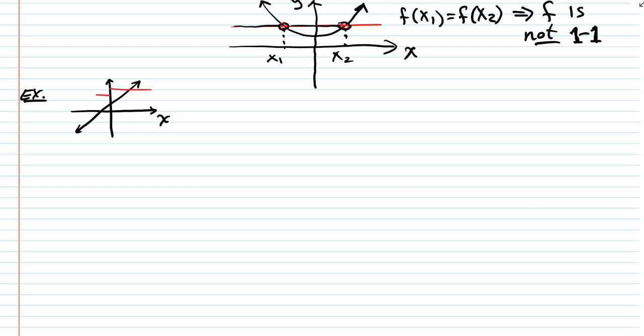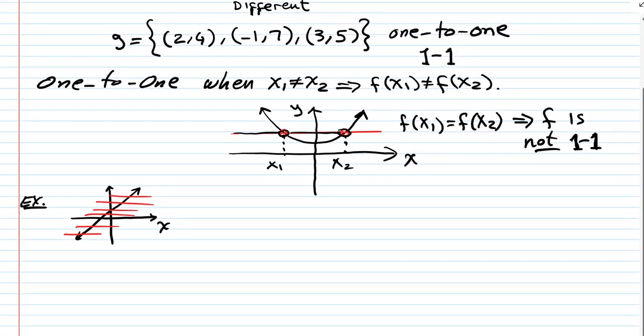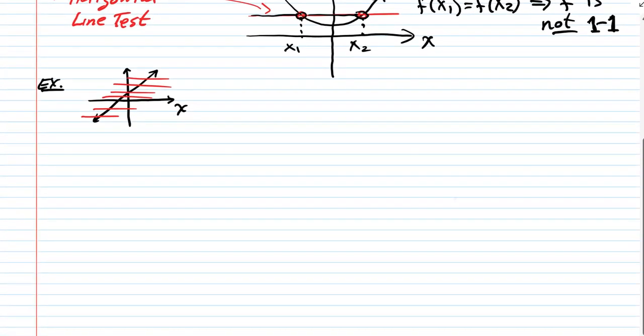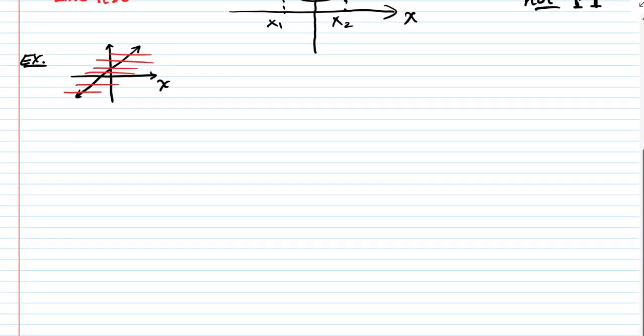But the linear function oriented like this passes the horizontal line test. We often refer to this as the horizontal line test. It's simply a visual test to determine if the function is one-to-one or not. So the linear function is one-to-one.